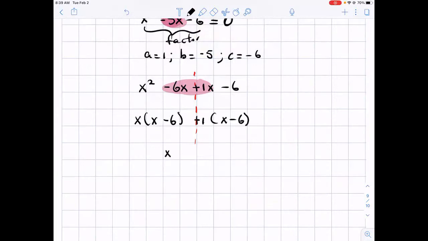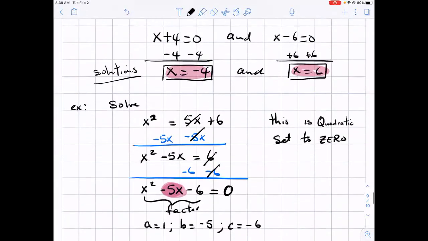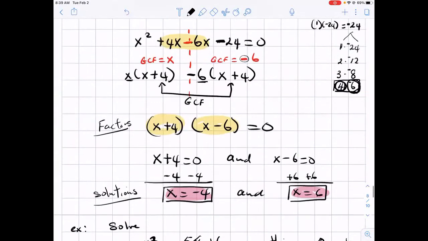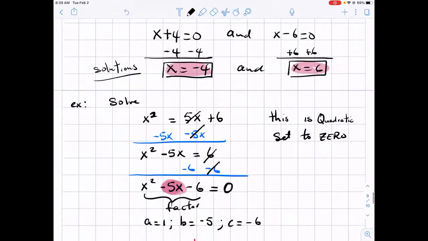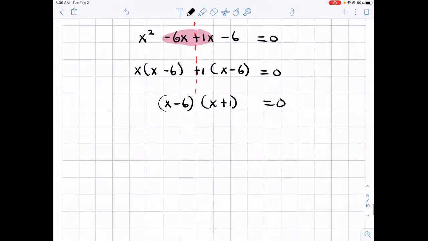So we have x minus 6 times x plus 1. And that is equal to 0. Don't forget, we have to set each factor equal to 0. So now x minus 6 is equal to 0, and x plus 1 is equal to 0.